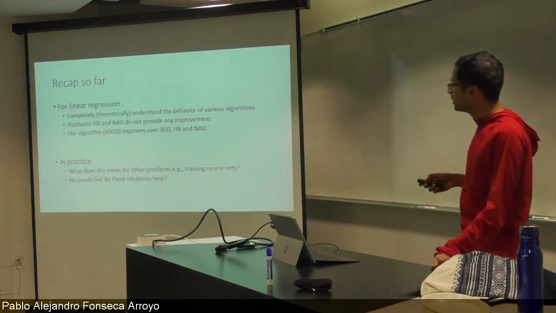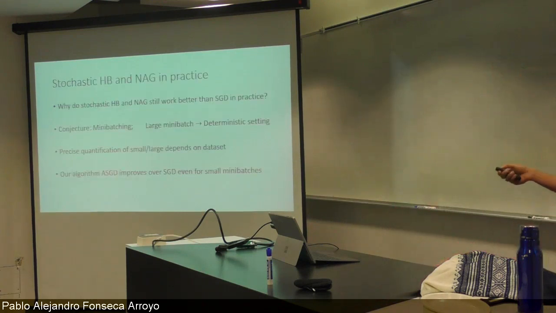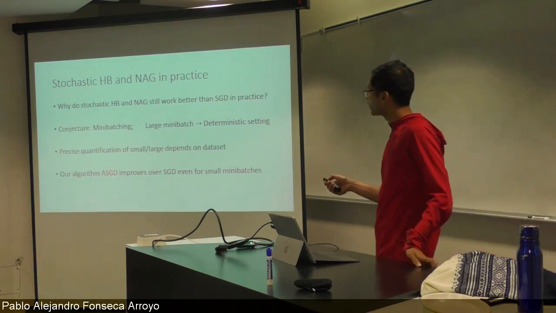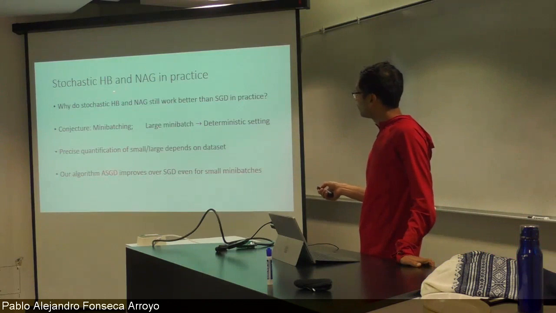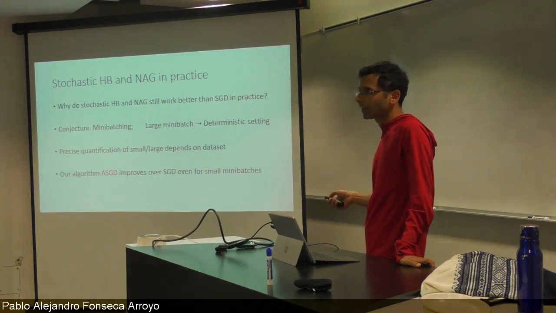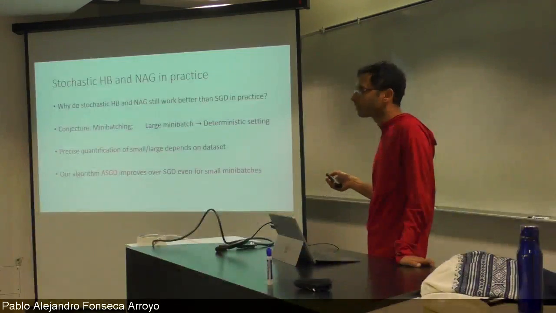And the first question that pops into our mind, when you come to this practice question, is that in practice, people have indeed observed that stochastic heavy ball and Nesterov work much better than stochastic gradient descent. Whereas we are saying that in linear regression, you cannot really expect any improvement in the first case.